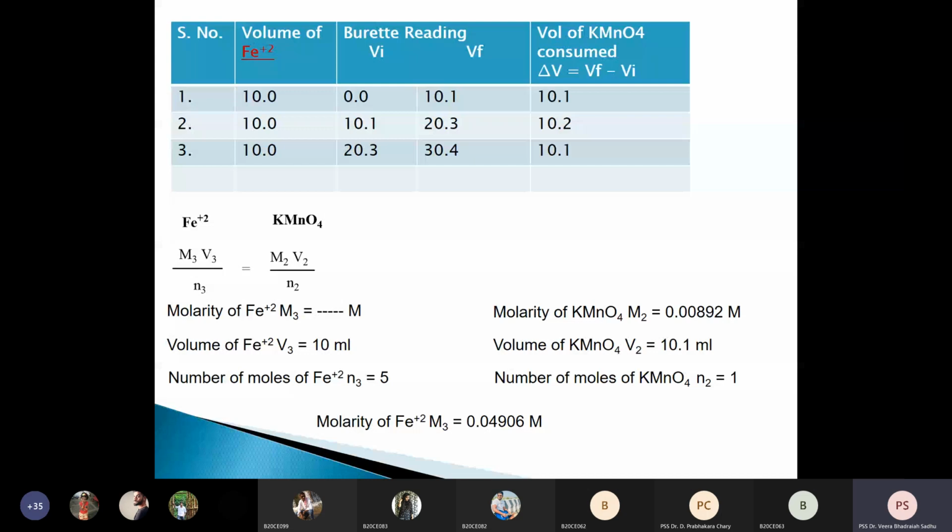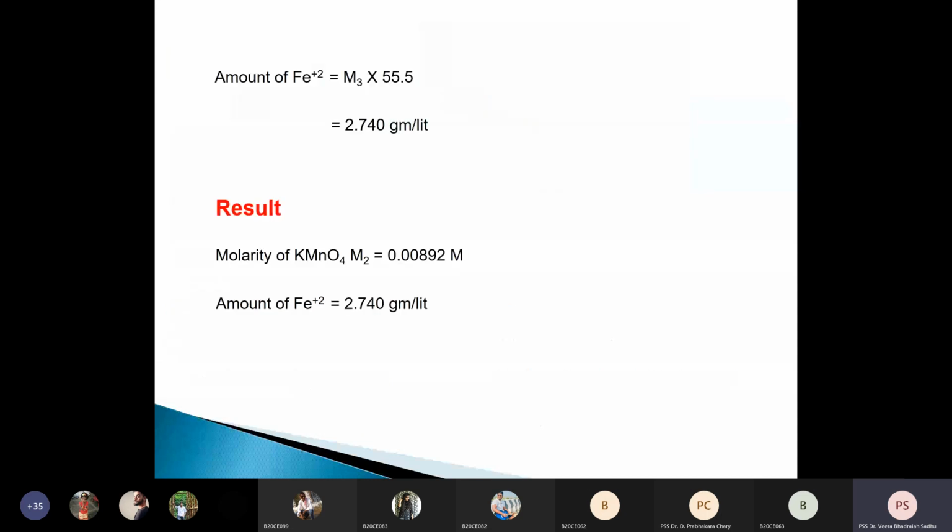Here you multiply this concentration with the molecular weight of iron, which is 50. So you get the amount of ferrous ions, which is 2.74 grams per liter. This is your final result, the amount of ferrous ions estimated in the given test sample.